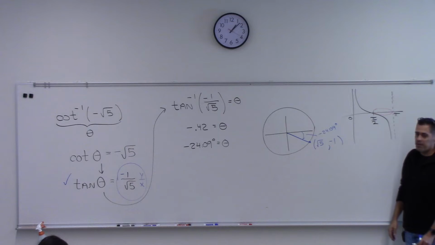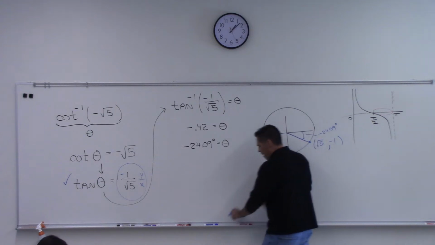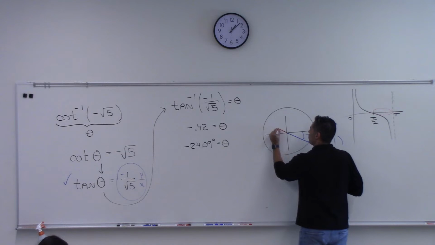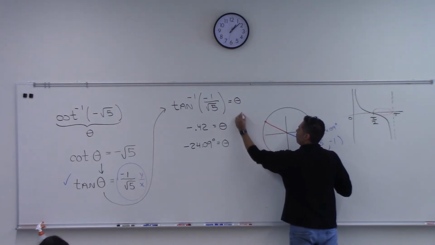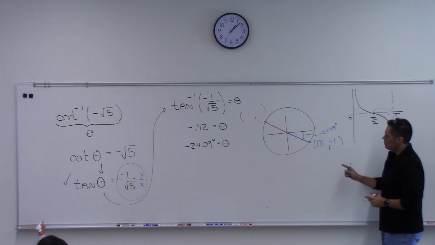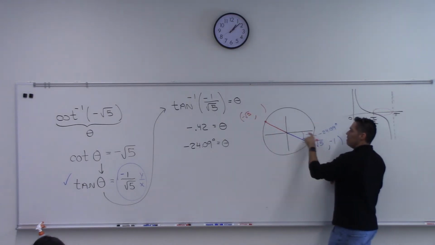Do y'all see where it is? The second quadrant. Couldn't I just go straight across like this? What would the x coordinate there be? Negative root 5. And then the y coordinate? Positive 1.